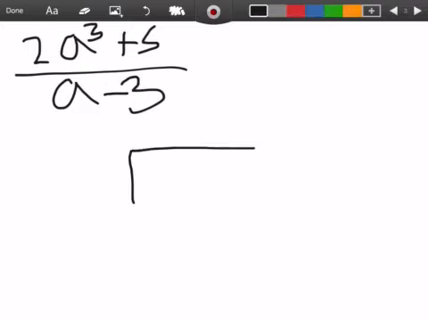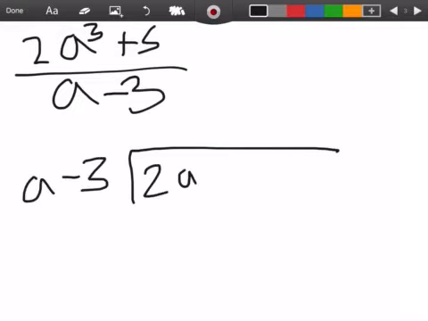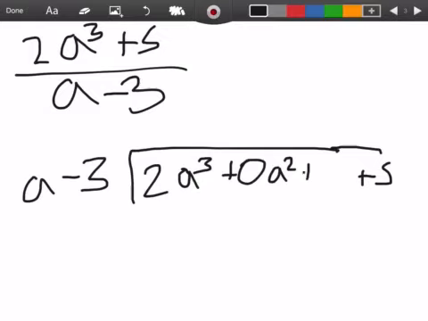So let's first make this a minus 3 and 2a to the power of 3. So in between 2a to the power of 3 and plus 5, we would put 0a squared plus 0a, because we're technically adding 0, which makes no difference.